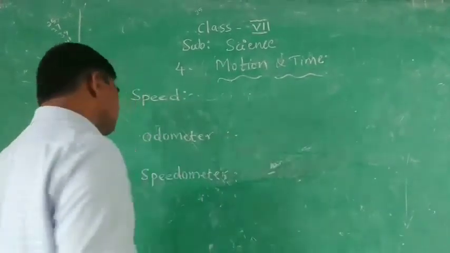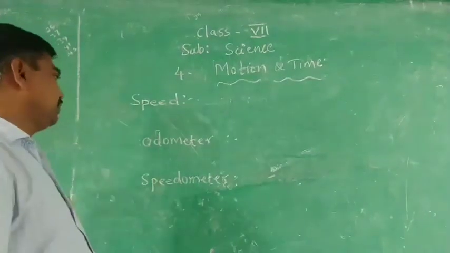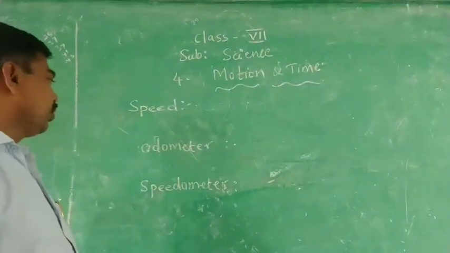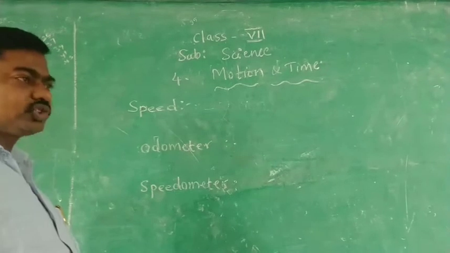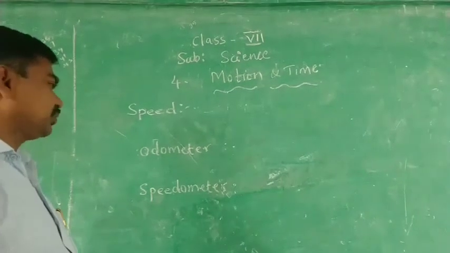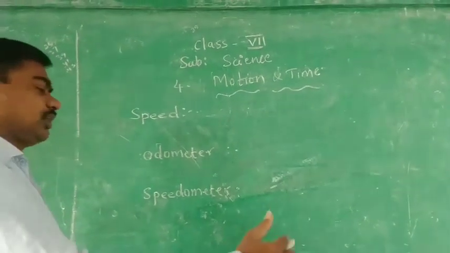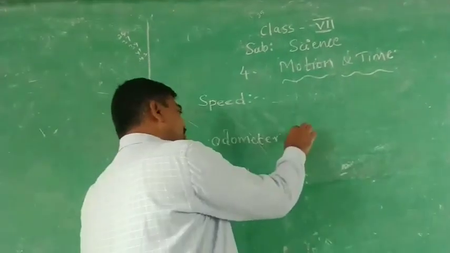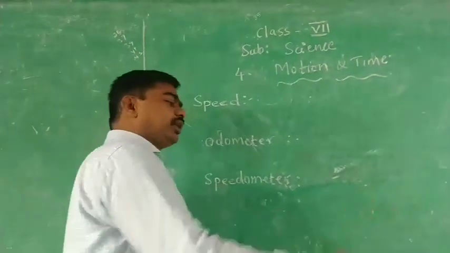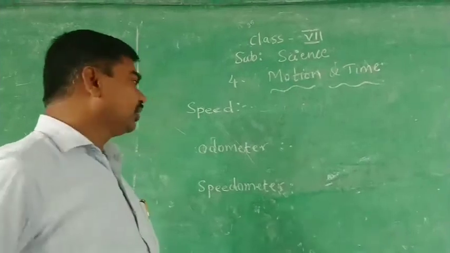The odometer is an instrument which says how much distance is covered by an object, a car or a person or anything.